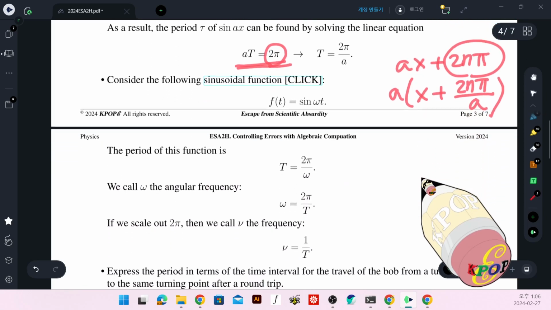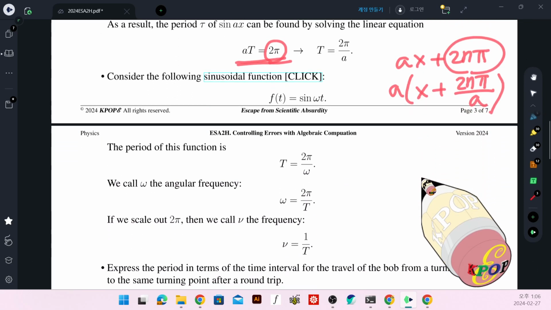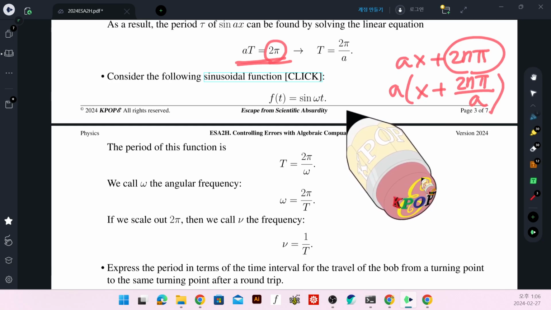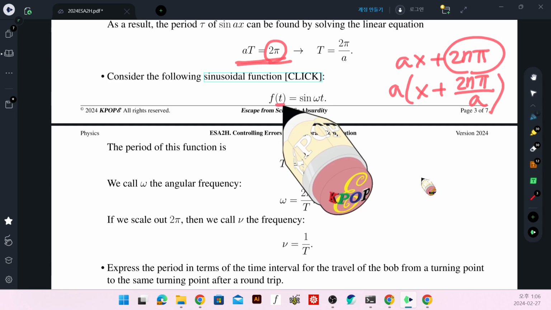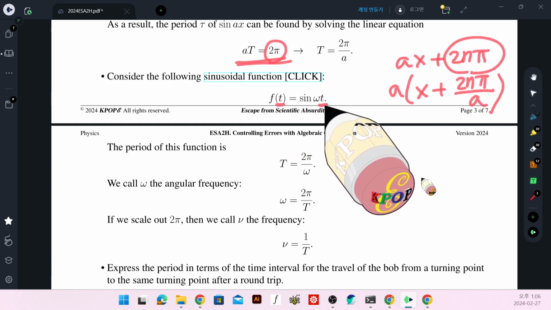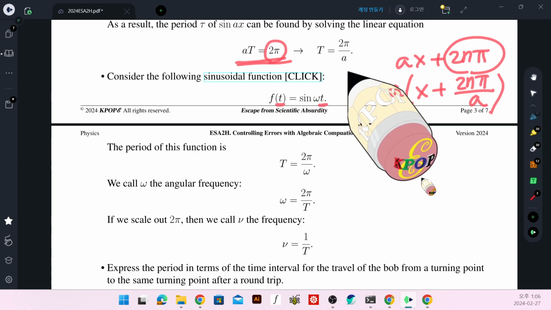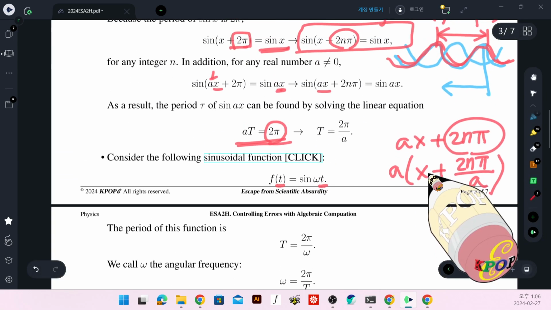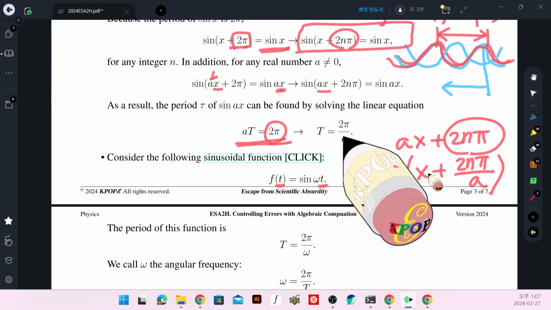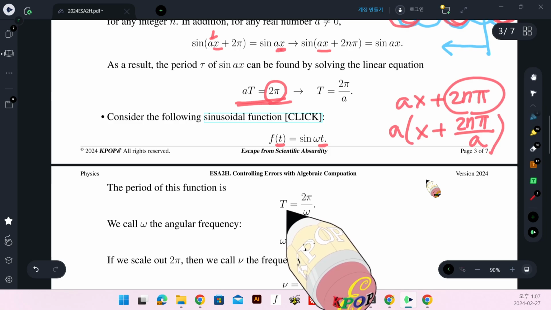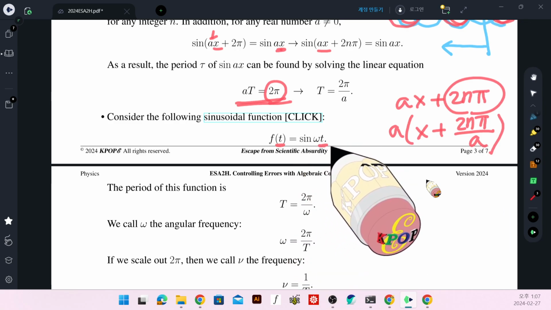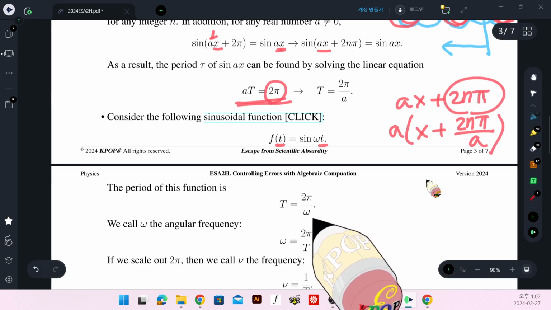In this manner, we can determine the period or frequency of this sinusoidal function depending on time. Okay, frequency. The period of this function is, as far as we know, because this factor a is divided, the period T of sine of omega t is 2 pi over omega.